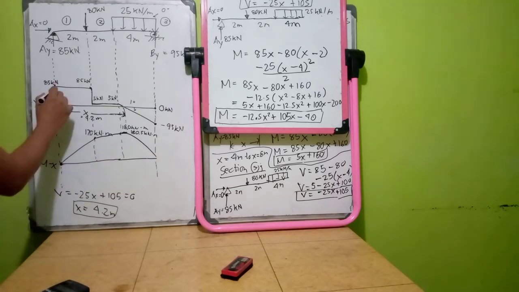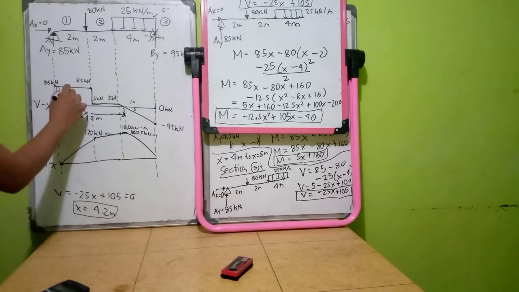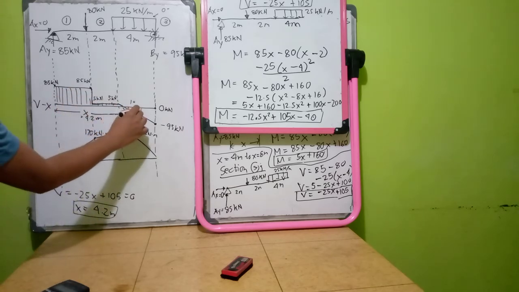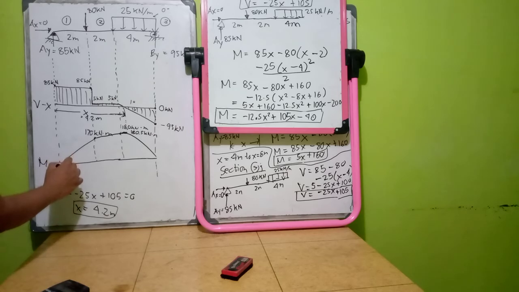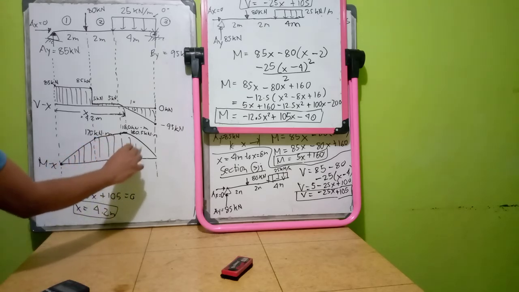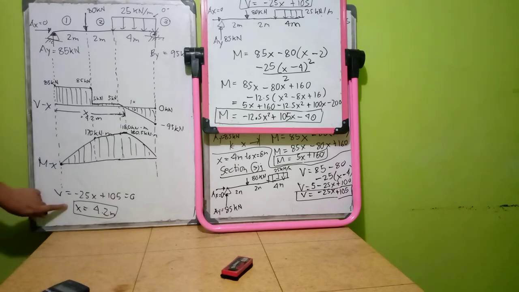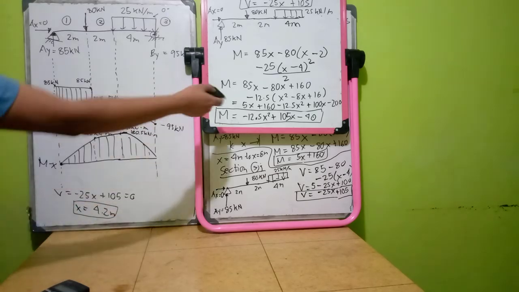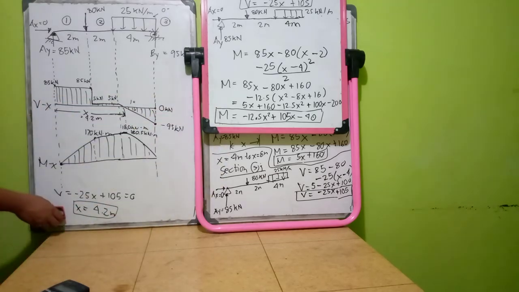So this is your shear and moment diagram. You may not include this one in your shear and moment diagram. For the sake of solving, since we have no space, I included it here.